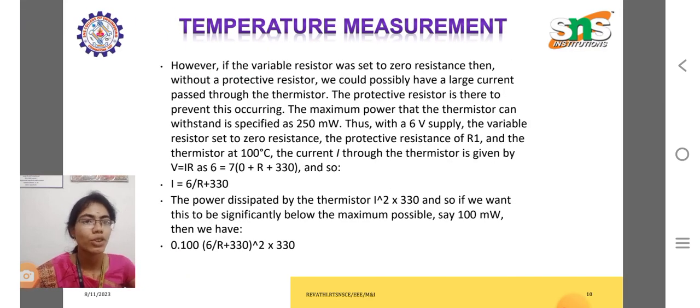Temperature measurement. However, if the variable resistor was set to zero resistance, then without a protective resistor we could have a large current passed through the thermistor. The protective resistor is there to prevent this occurring. The maximum power that the thermistor can withstand is specified as 250 milliwatts.